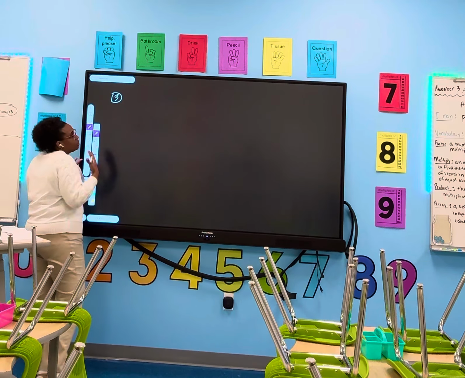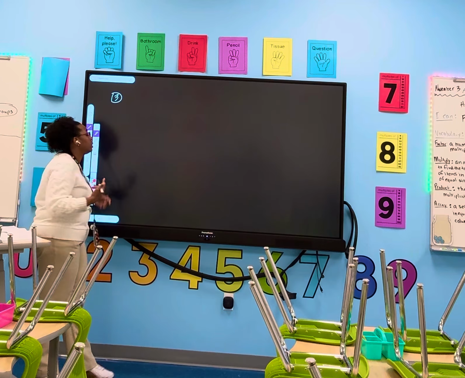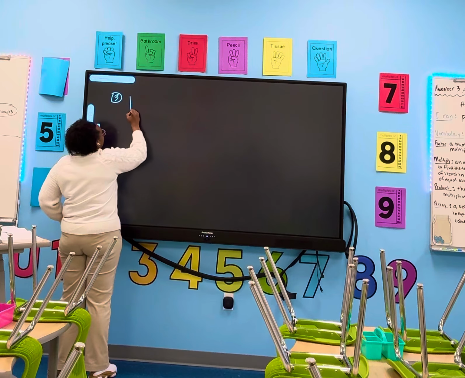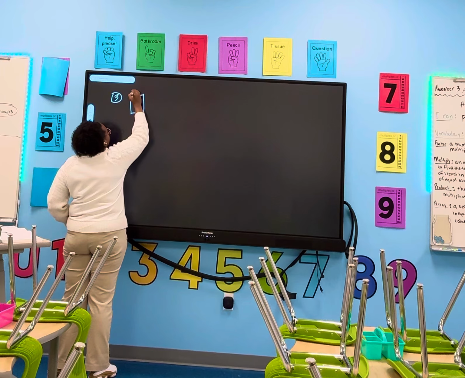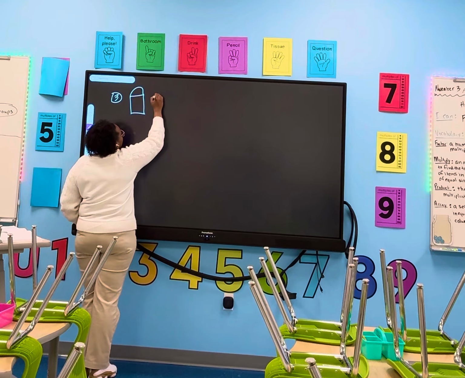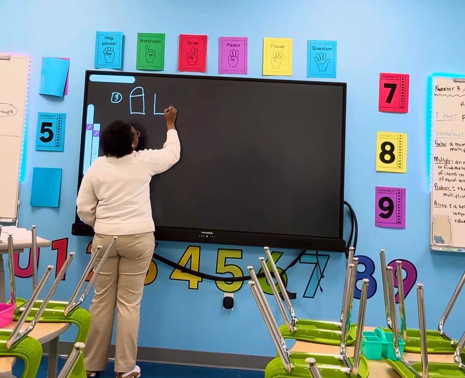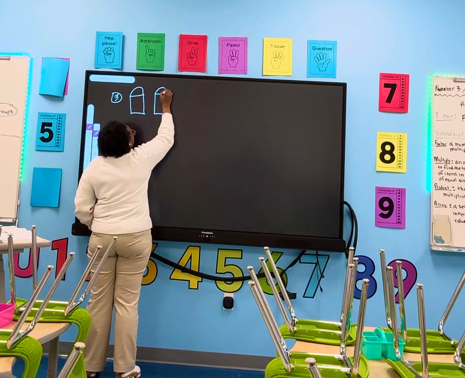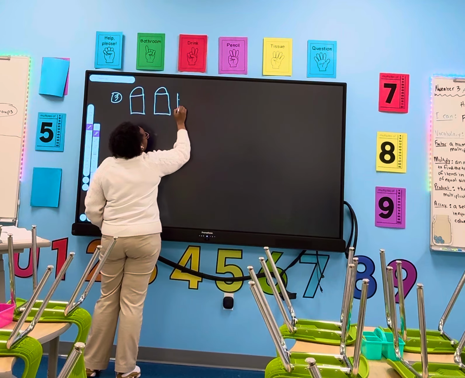and they tell me I have 6 bags. So Ms. Newman is gonna draw her 6 bags. This is my first bag. This is my second bag. This is my third bag.